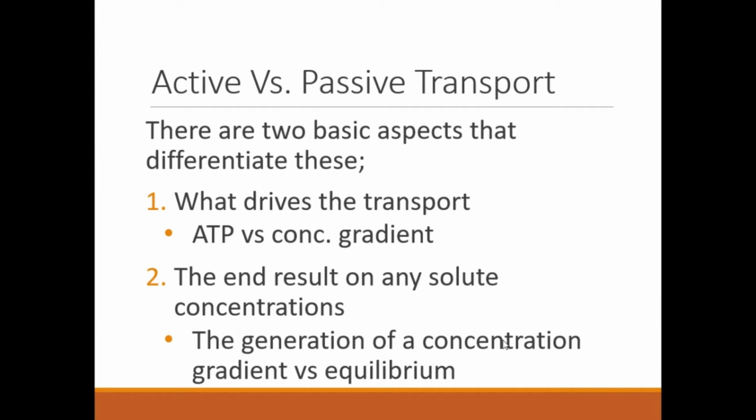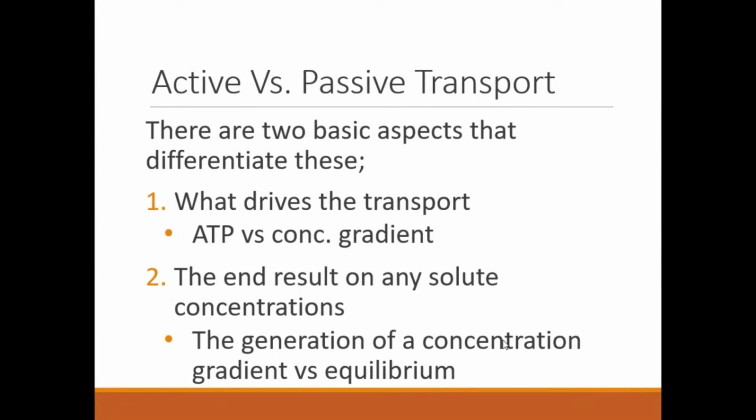We spent some time in one of our first chapters talking about energetics. Remember, energy doesn't just manifest. What we see are types of energy moving and transforming from one form to another. And energy in the form of ATP is not the only form of energy that we discussed. We can have energy in the form of a concentration gradient. A concentration gradient is when we have a lot of one solute on one side of a membrane and very little of that solute on the other side.